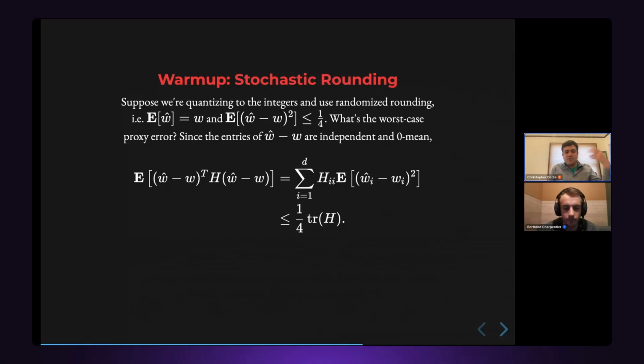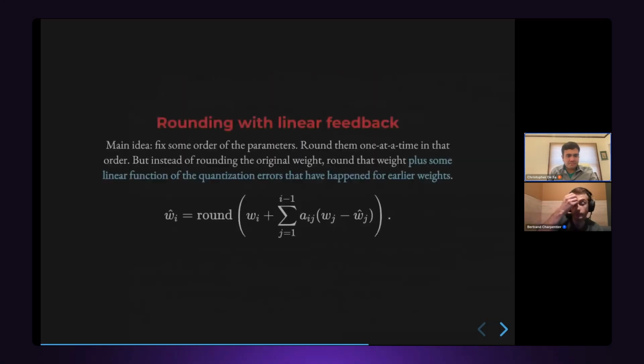Here you round either up or down so that the expected value of the output after quantization is the same as the input. And here it's pretty easy to see that your proxy error, this quadratic, for randomized rounding to the integers, is just 1/4 times the trace of the Hessian matrix, the quadratic Hessian sketch that you were trying to minimize. So the goal theoretically is to do better than this.